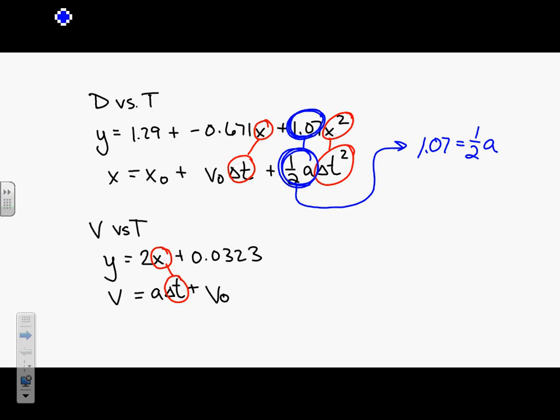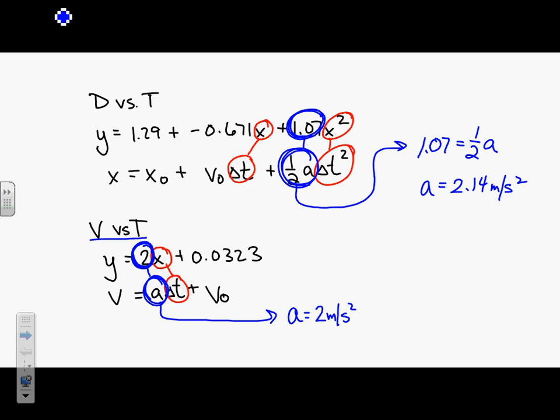So we would just multiply it by 2, and that's going to give us 2.14 meters per second squared for our acceleration. Over here for the velocity versus time graph, the acceleration is really just the slope of this graph. So this one doesn't involve any kind of calculation. It's just that the acceleration is equal to 2 meters per second squared.